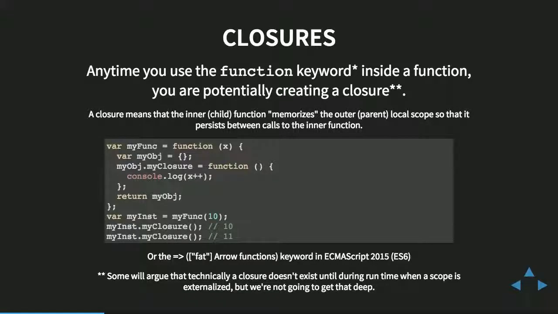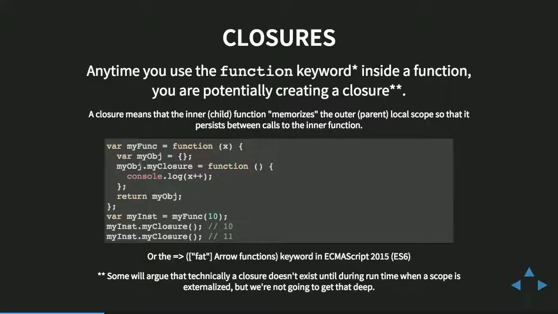So the only time you create a new scope in JavaScript is when you hit the function keyword. And what a closure does is it basically tells JavaScript to remember the parent scope it's in. So it's not only remembering its own scope, but its parent scope, which is pretty interesting. So no matter where you run it later, it still remembers where it was instantiated.